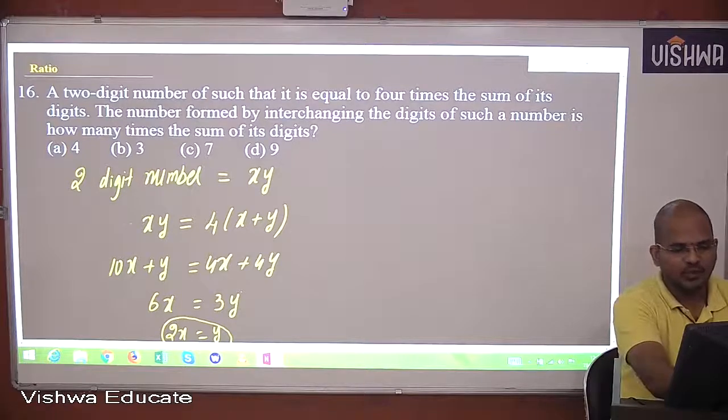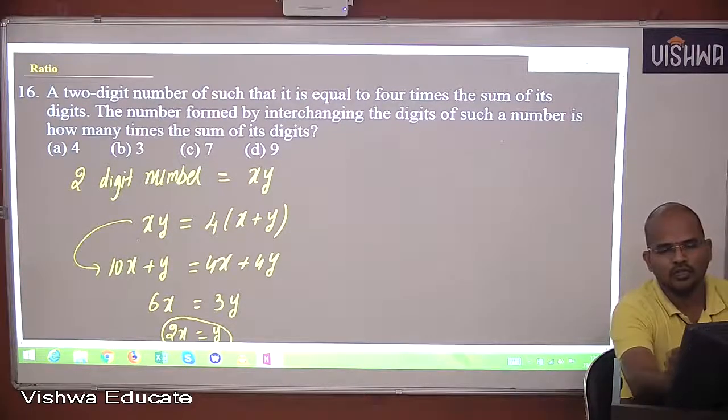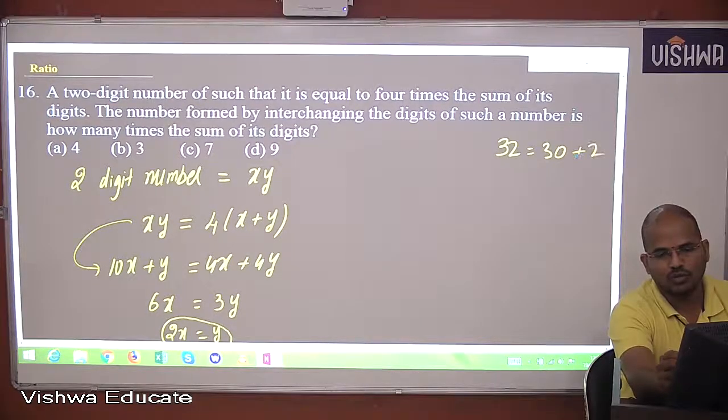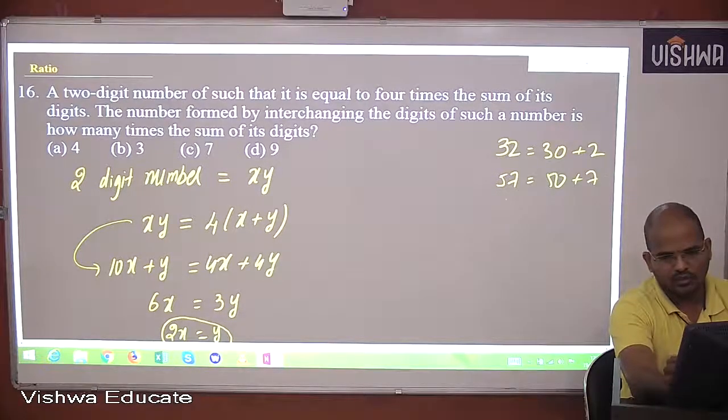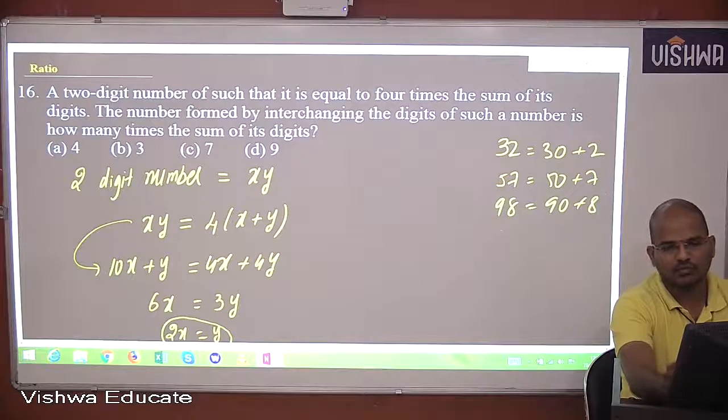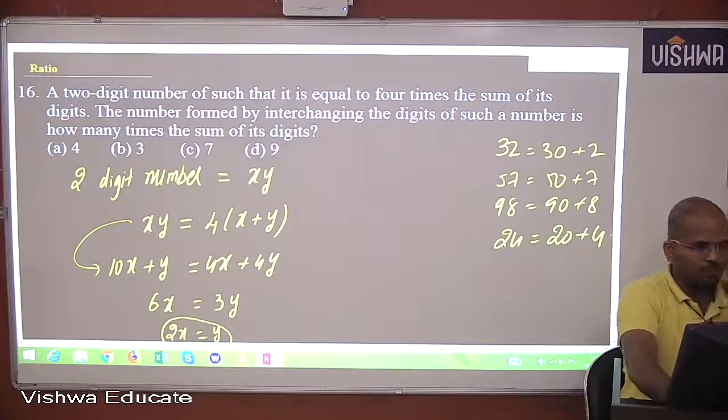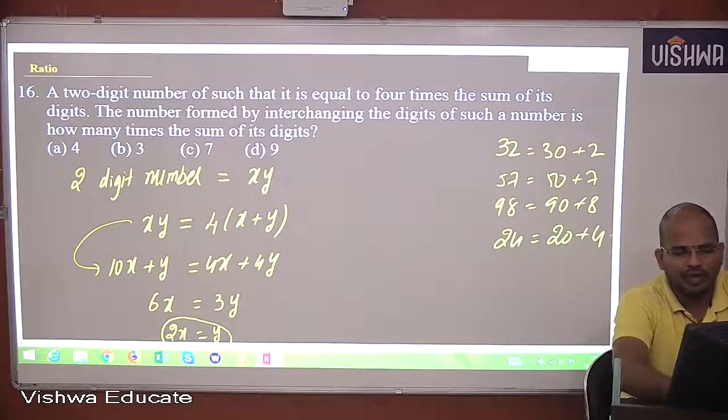Why did I write xy as 10x plus y? How do you read this? This is 32. This is 57. This is 98. This is 24. Similarly, xy is 10x plus y.